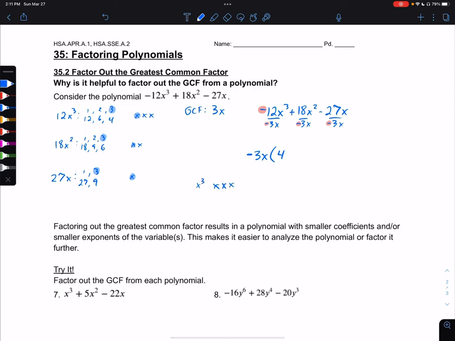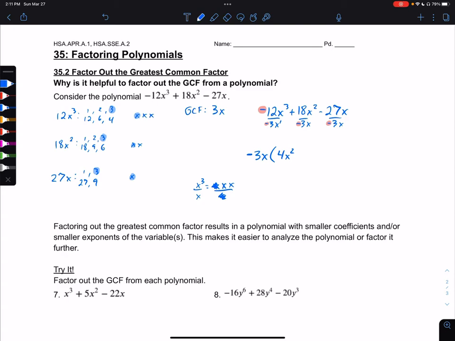So x cubed divided by x is x over x, and we can cross out or eliminate one from each side, so we're left with x squared. What you'll wind up doing is subtracting the exponents. So 3 minus 1 would give you that 2.